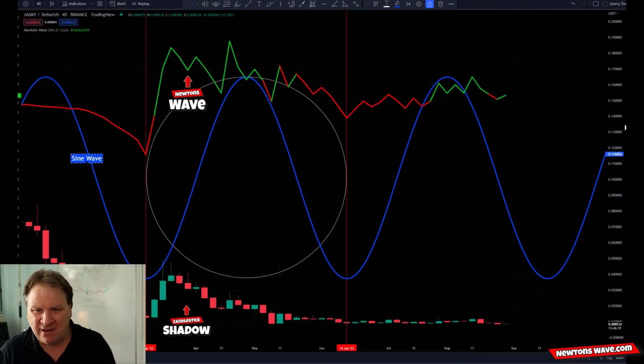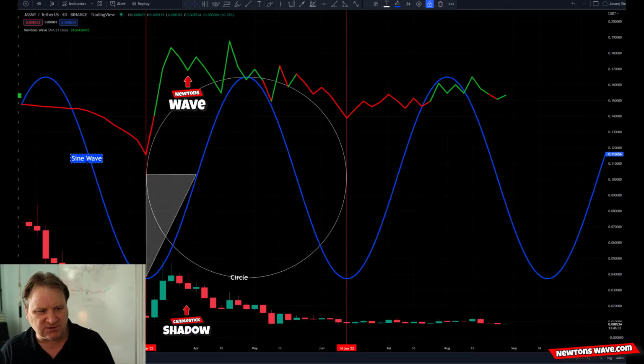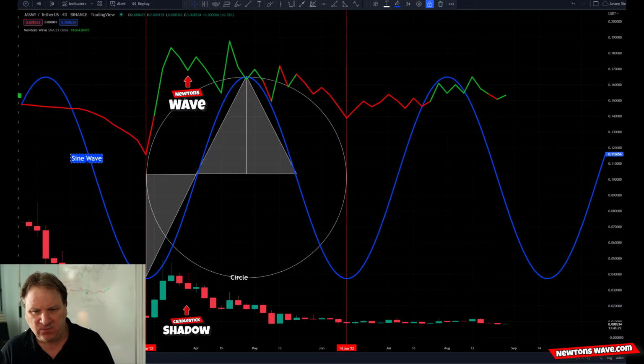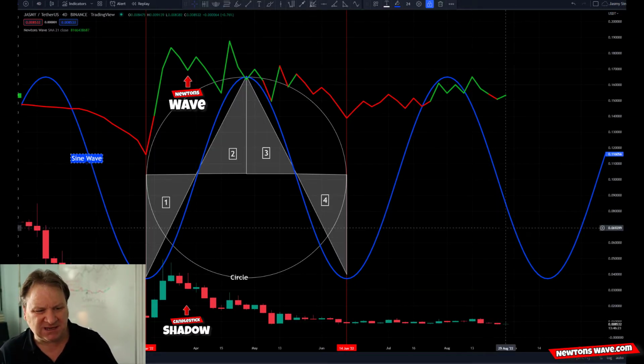If I now mark this out for you, there we go, we've got the circle there. Now I'm going to add the triangles: triangle 1, triangle 2, triangle 3, and triangle 4. Let me number those as well for you. That is an entire movement. Isn't that incredible?